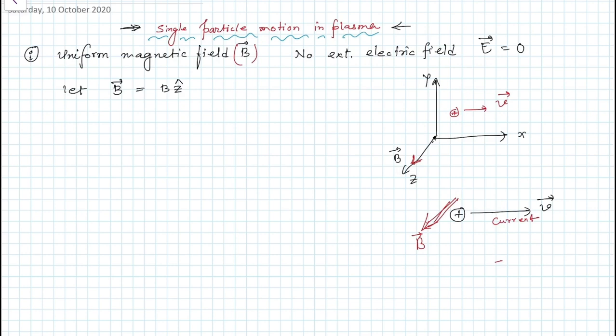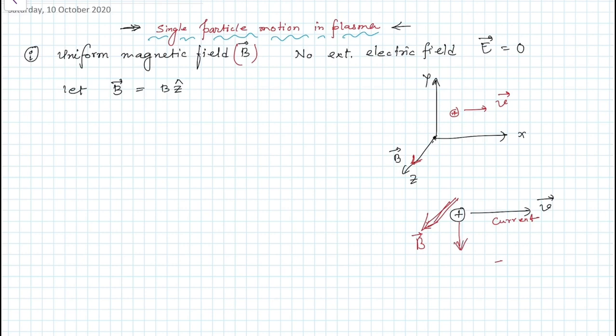Stretch the three fingers, thumb, index finger and middle finger of your left hand, mutually perpendicular. The direction of the current is shown by the middle finger, the index finger points towards the magnetic field, then the thumb will point downwards. That is the direction of the force.